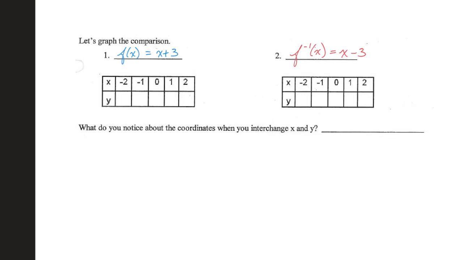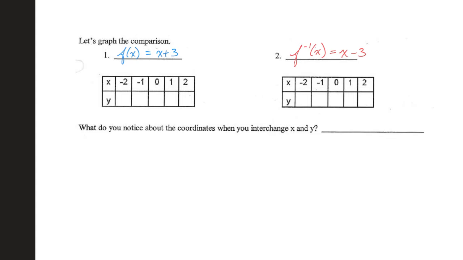What I want you to do is fill in that number 1 spot, our original function, f of x. And then in the number 2 spot, let's fill in its inverse. Go as fast as you can and complete your table of values, subbing in your x and calculating your y. Okay, pause it now.